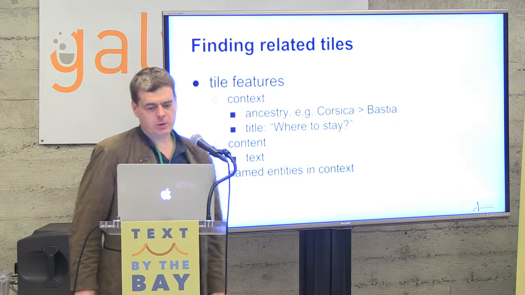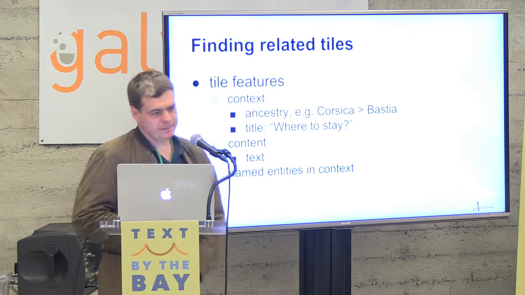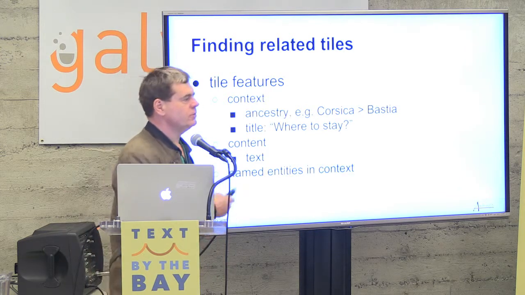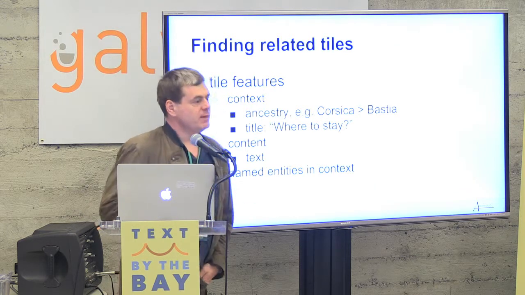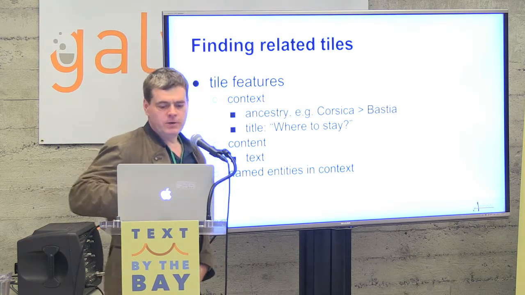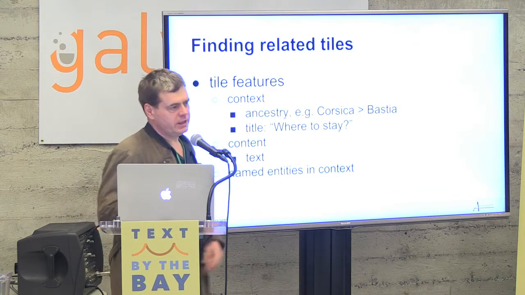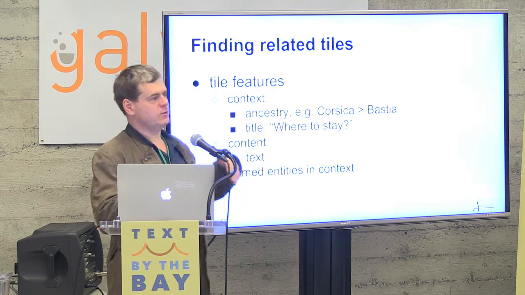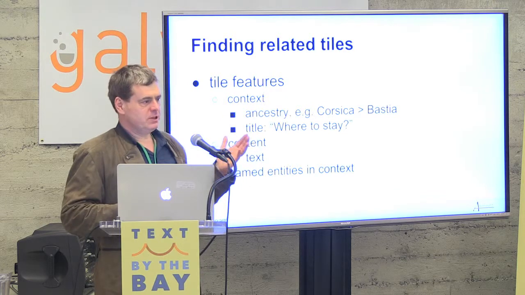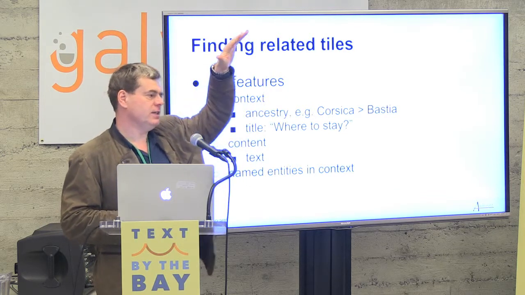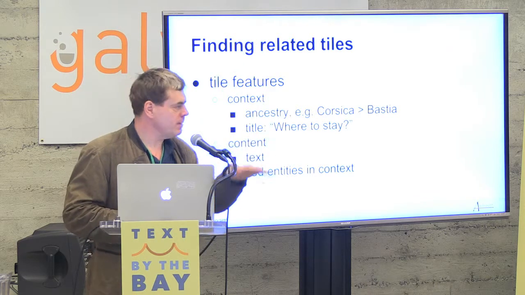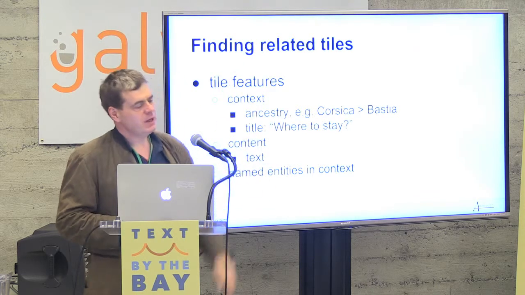And in particular, I have a book about Corsica, and very often there are sections entitled, for instance, where to stay, where to eat, etc. But it is important to know, for instance, whether this where to stay is in a chapter about Bastia or Ajaccio, right? Because this parent title really determines what is the aboutness underneath.